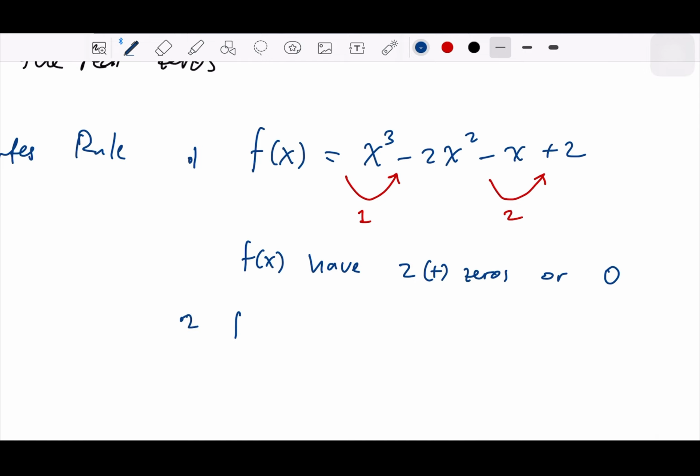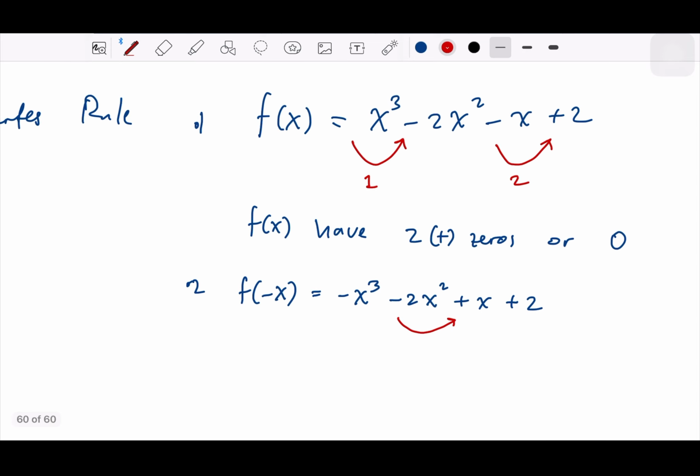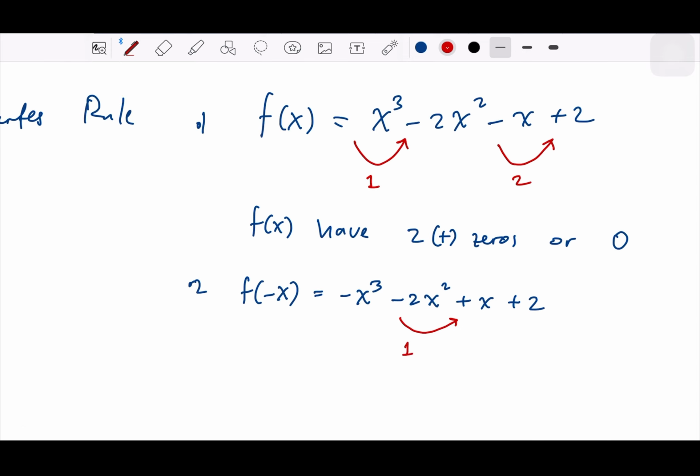For the second one, we check negative x. We get that this only has 1.